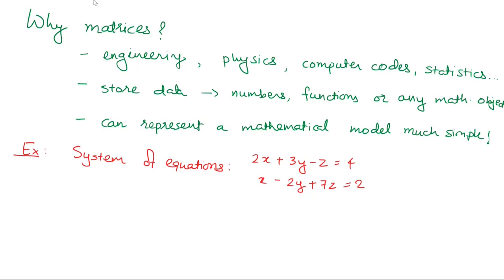And the third one, let's call it 4x plus y minus 3z is equal to 0. Okay, so here we have three equations and three unknowns. Right, our unknowns are x, y, and z.